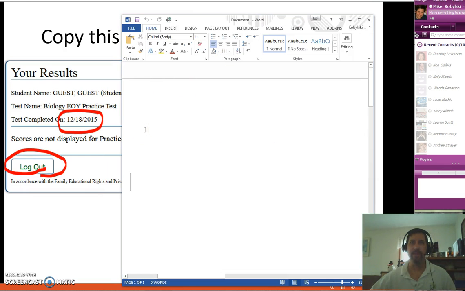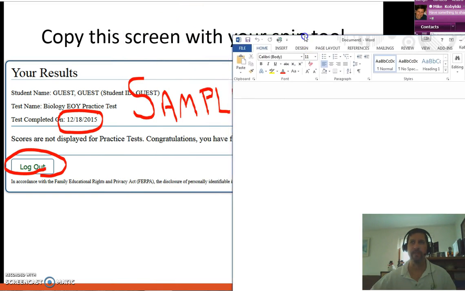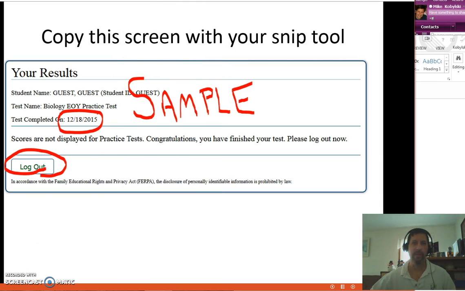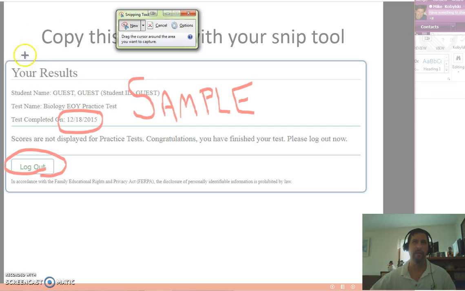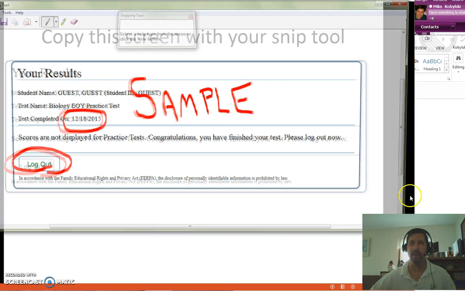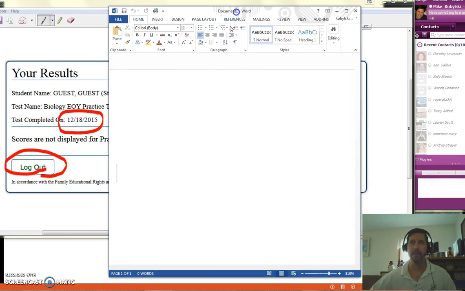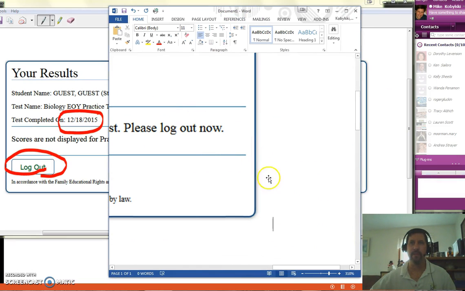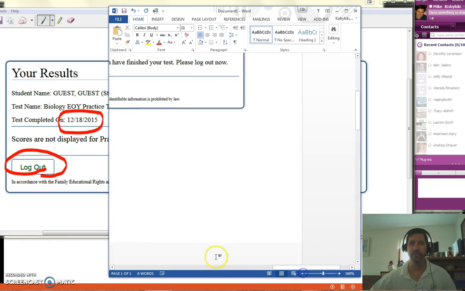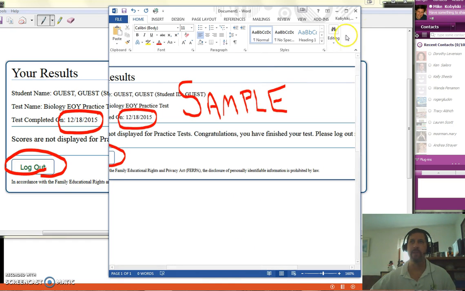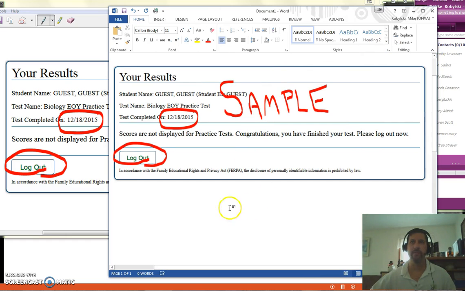Then I can copy that information. Oops, I'm sorry. You know what? Actually, you have to have your document up before you copy it. So let me go ahead and copy it again. Copy. My results right here over to the document. And there it is. Now again, kind of some issues, scaling and things like that. But there is my document and there's my information.